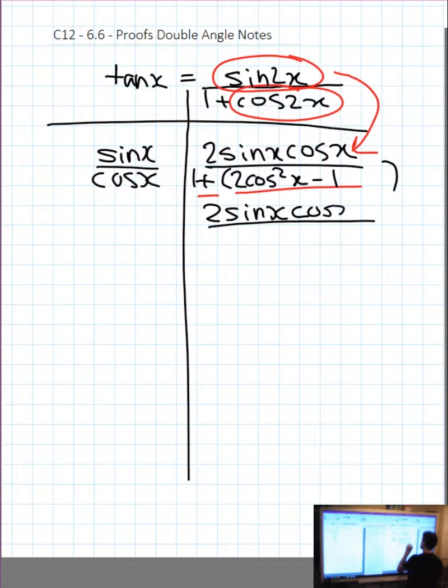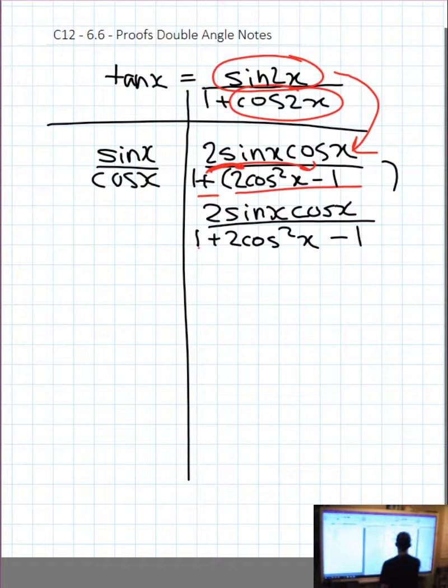So again, I have my fraction, and on the top, I simply still have 2 sine x cos x. And now below, I'm going to distribute a positive sign in, and we get 1 plus 2 cos squared x minus 1. Now these 1's cross off. And look what I have here.